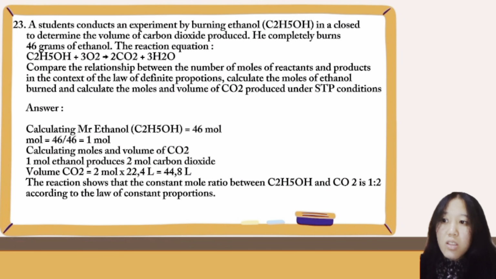When 1 mole of ethanol produces 2 moles of carbon dioxide, the volume of CO2 is equal to moles multiplied by 22.4 liters, which is equal to 44.8 liters. The reaction shows that the constant mole ratio between ethanol and carbon dioxide is 1:2, according to the law of constant proportions.